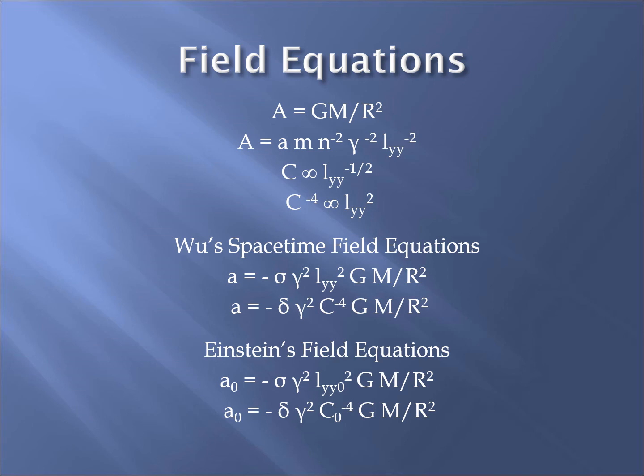If you compare this with Einstein's field equation, which is derived from Wood's space-time field equation, you can see it is very similar to Einstein's field equation, in which you have both C0 to the minus 4 and the G on the right-hand side, and also the A0, which is the curvature, on the left-hand side.